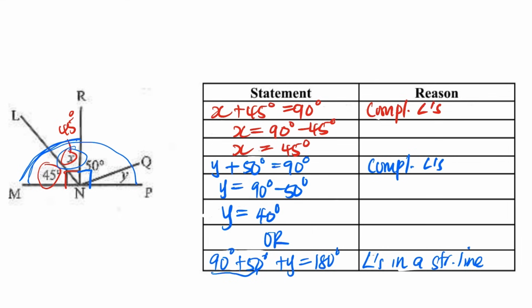So this is going to be 140. So y is equal to 180 minus 140, and then your y will be equal to 40. Do you see? It's the same. Your y is not 50, sorry, it's 40. Your y is the same as this one.